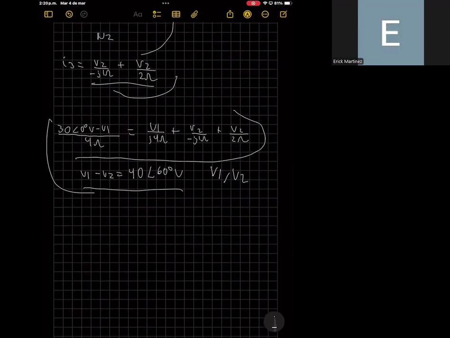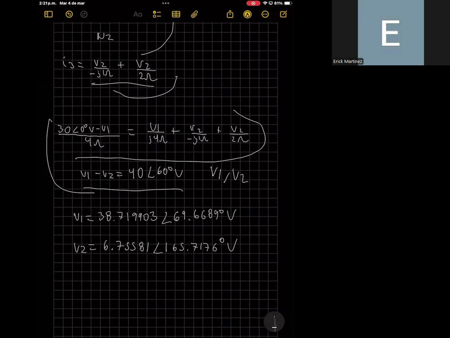So, based on these two equations, we can input this system of equations in your calculators, and you will find out that V1 is equal to 38.719903 with an angle of 69.6689 degrees, and V2 is equal to 6.75581 with an angle of 165.7166 degrees volts. Okay, so I think that is all the results that we have.